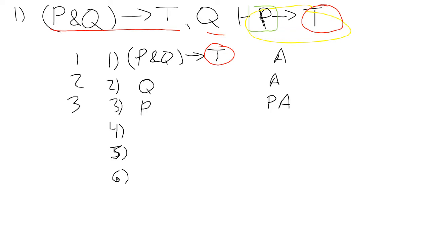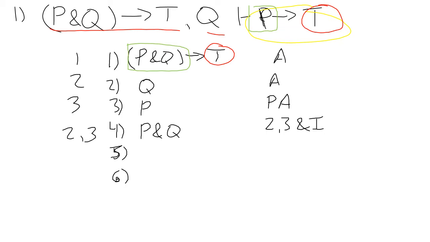So we know we're going to have to get that arrow out. The arrow is bound by this antecedent here. And I don't have it in my proof, so I'm going to need to build it. Luckily, I've got both the pieces that I need. I have P and Q. So I can put them together using my ampersand in, so 2 and 3.